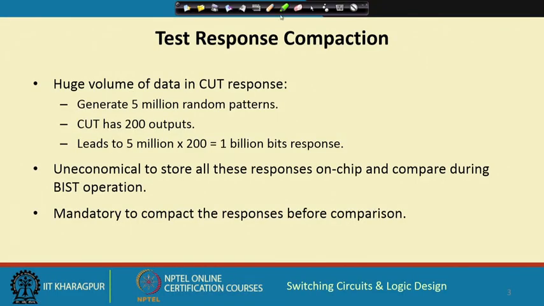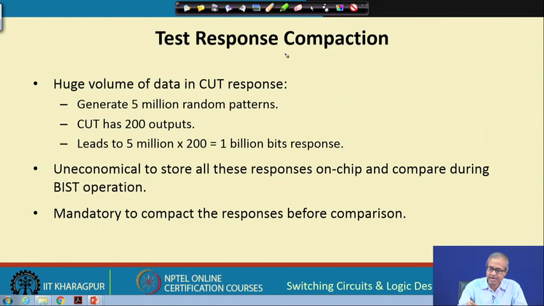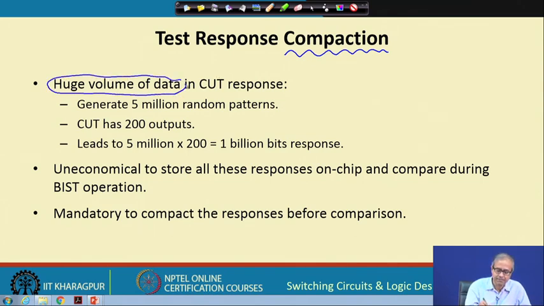The first thing to note is that we require to do something called a compaction operation. Why is it required? Let us take an example, just like I was saying, that the circuit output can generate huge volume of data. Suppose a realistic figure, we are applying 5 million random patterns.